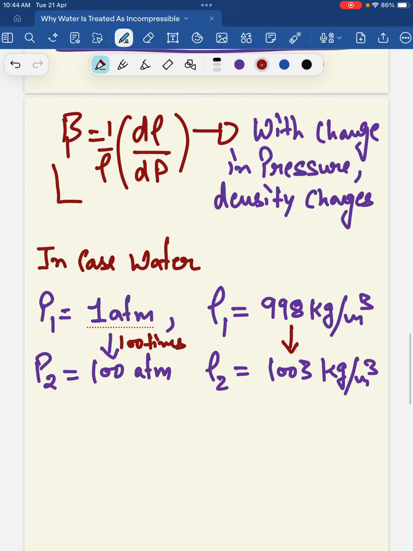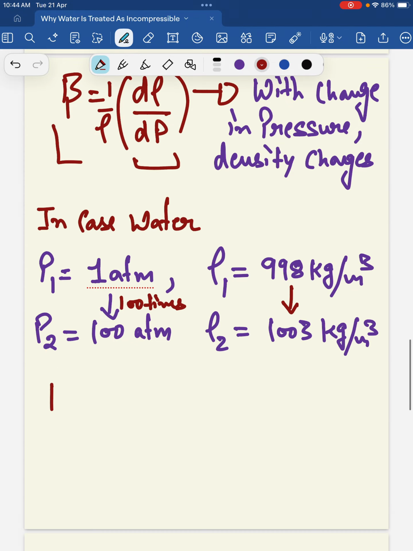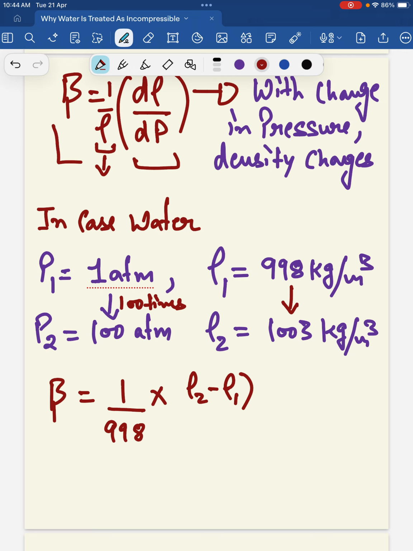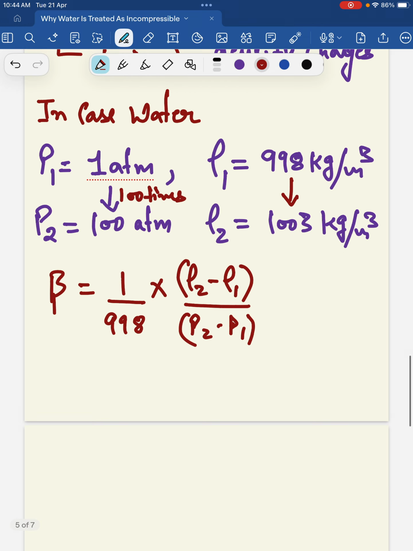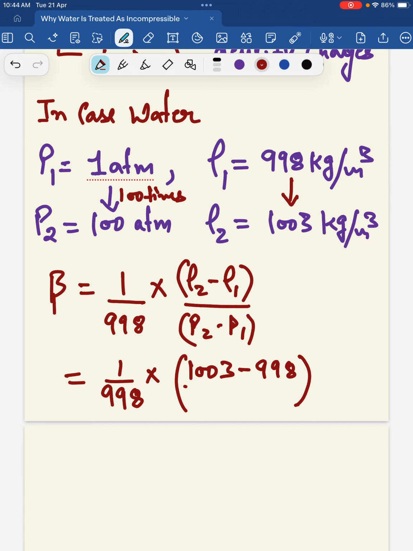So if you find the value of beta from this expression, what will you get? Put the value. Rho is basically your original density, meaning the initial density, ρ1. So put the value of ρ1 here, 998, into d rho, where basically ρ2 minus ρ1 is d rho. Similarly dp is p2 minus p1. So put the values and you will get your beta, that is compressibility. ρ2 minus ρ1 is 1003 minus 998, divided by 100 minus 1.